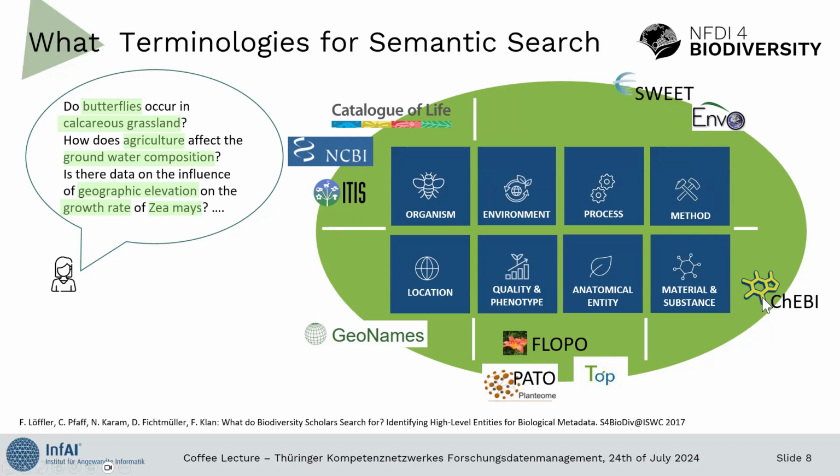Substances are coming from ChEBI, and all the phenotypes and anatomical entities from phenotype ontologies like PATO or FLOPO for flora, or for example, the TOP thesaurus for specific characteristics for plants. And then for locations, we decided to use GeoNames.